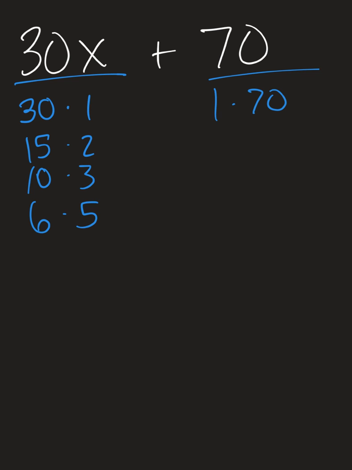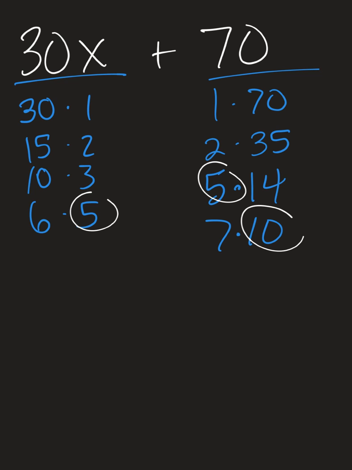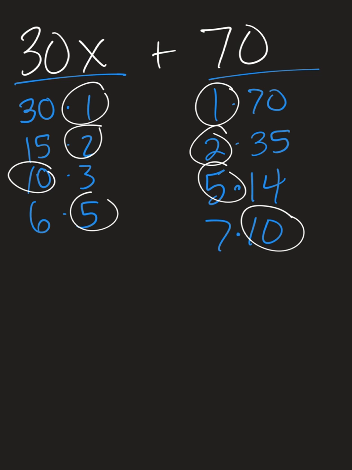For 70, I have 1 times 70, 2 times 35, 3 does not work, 4 does not work, 5 does work, 5 times 14, 6 doesn't work, 7 obviously works, 7 times 10, 8 doesn't work, 9 doesn't work, so that is our list. So I'm going to identify all of my common ones. I see 5 on there, I see 10 on there, I don't see a 15 on there.